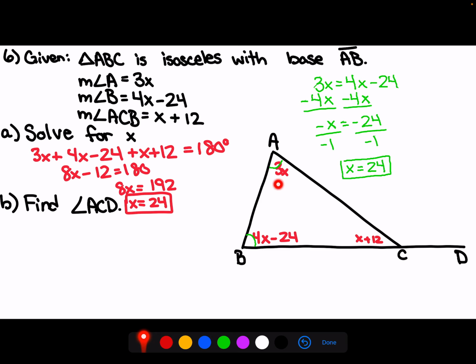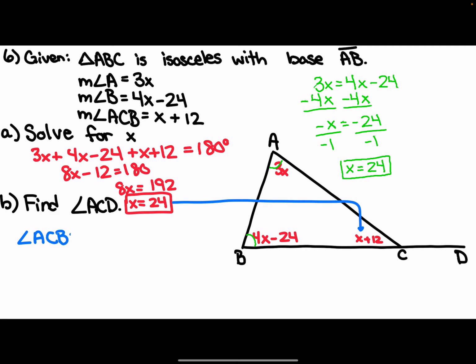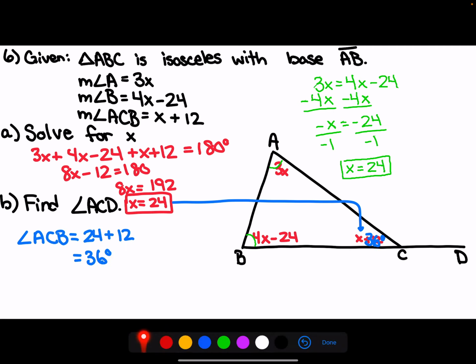You can plug 24 in for angle A and B and add them together. That'll give you your exterior angle. Or what I'm going to do is plug 24 in for angle ACB and then subtract it from 180 degrees. So if I plug 24 in for angle ACB, I get angle ACB is equal to 24 plus 12, which is 36 degrees.